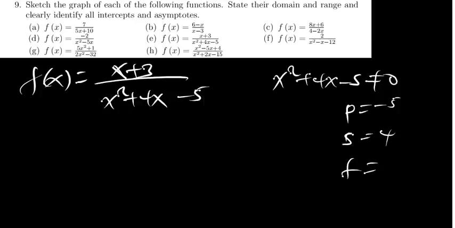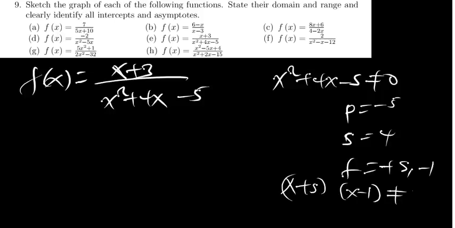In this case, my factors will be +5 and -1, because +5 times -1 gives -5, and +5 minus 1 gives 4, which is true. So I'll have x plus 5, x minus 1 not equal to 0. So x should not be equal to -5 and x should not be equal to 1.